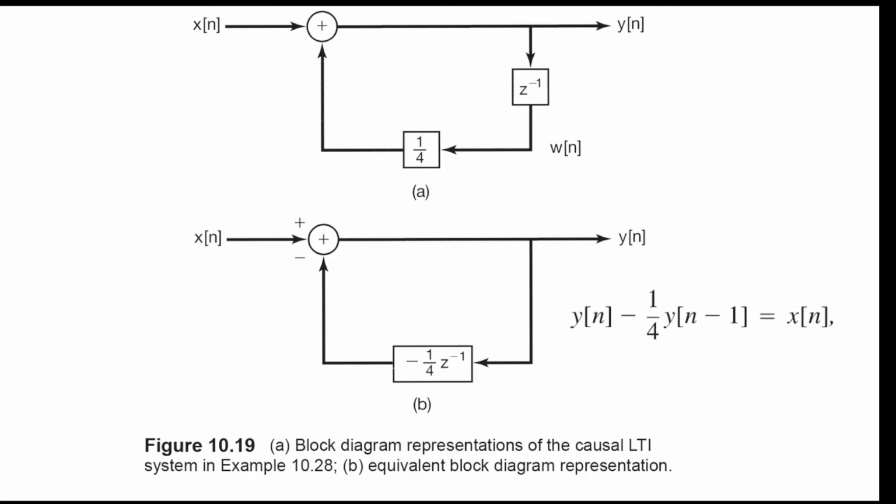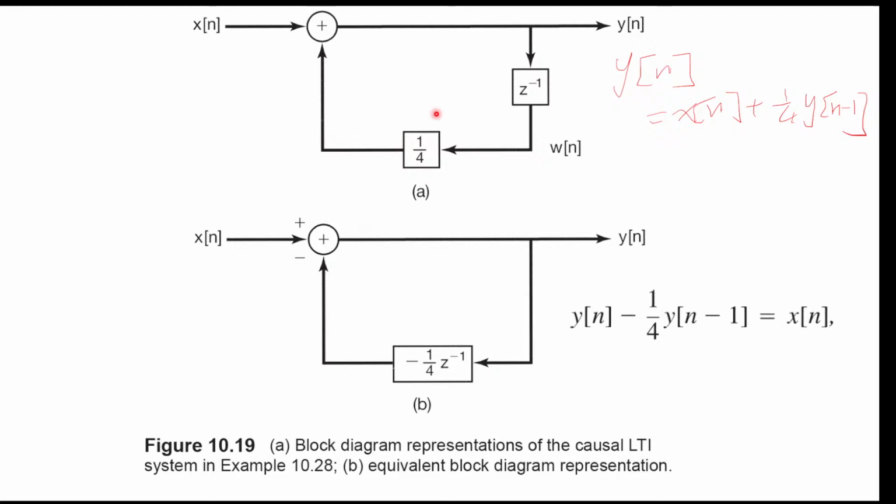So let's do a calculation here. What we have is y of n equal to x of n plus 1 over 4 y of n minus 1. So this line is y of n, equal to x of n plus this y that goes through z to the minus 1, which is a unit time delay, changed to y of n minus 1, and then you have the 1 over 4 here.